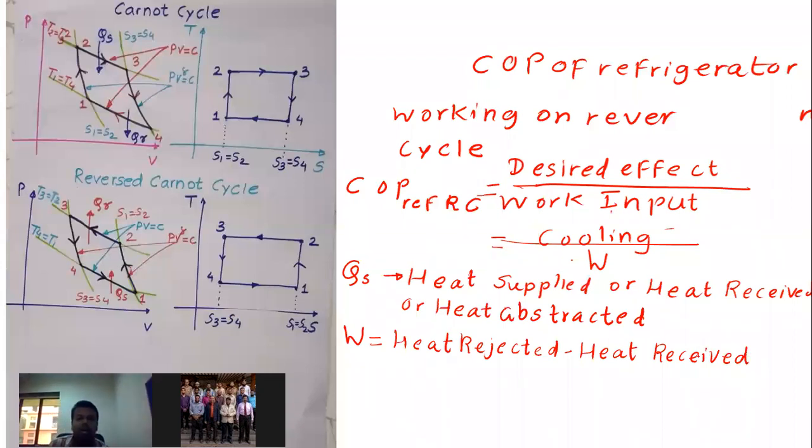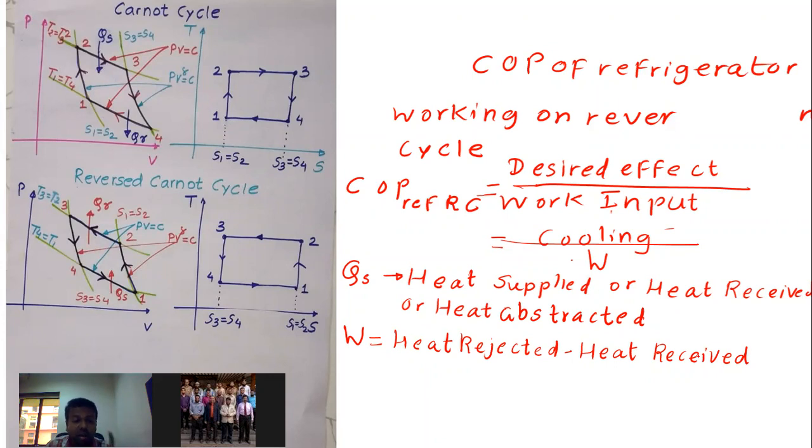Why have I written this formula? Because when you see the diagram for the refrigerator, heat rejected is always greater than heat received. That is the reason I have written the reverse formula.